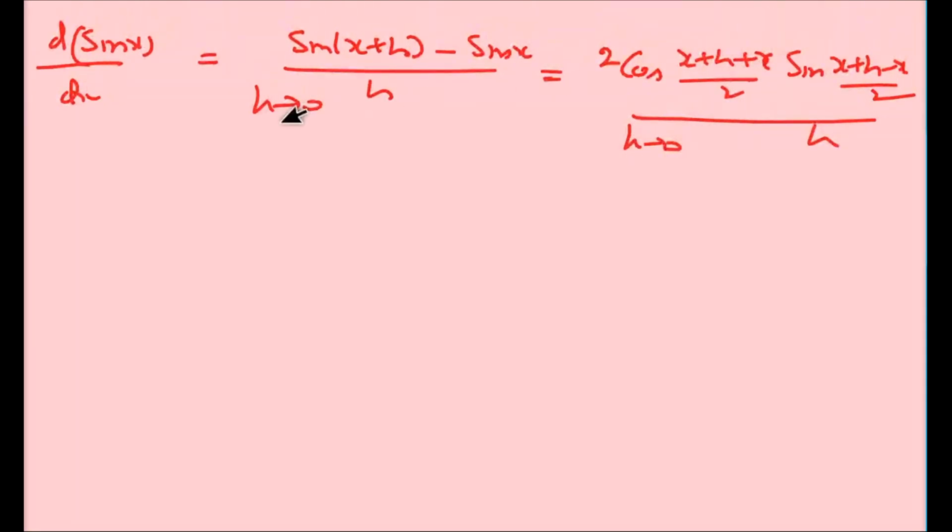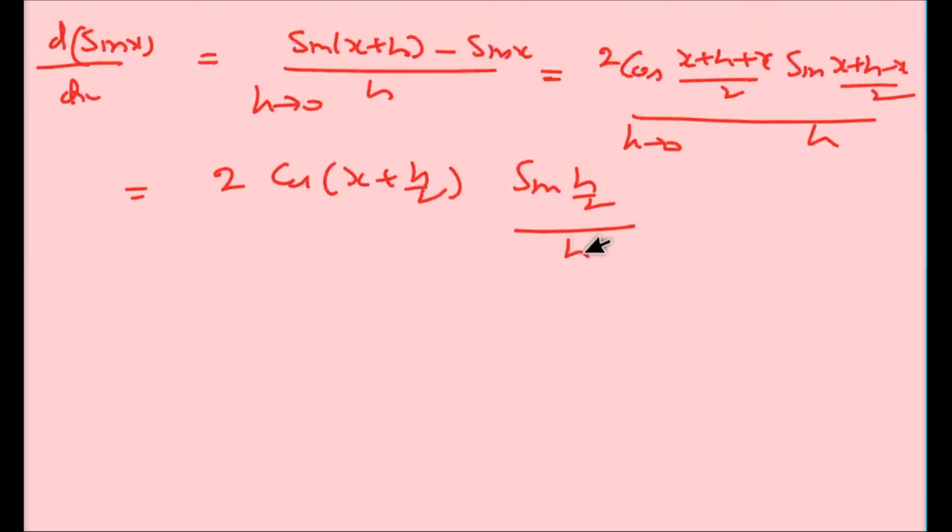Now we can write this as 2 cos((2x plus h)/2) sin(h/2) upon h, taking the limit, dividing by 2 here and multiplying by 2 here.